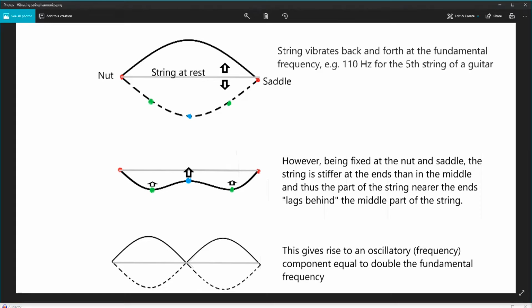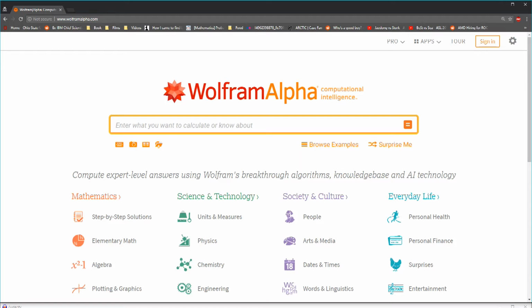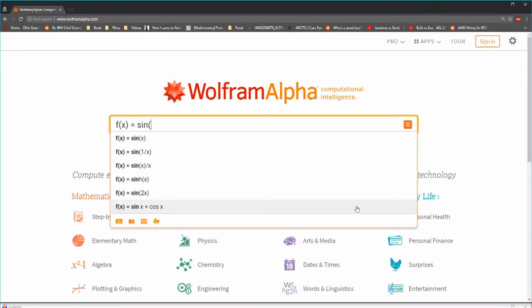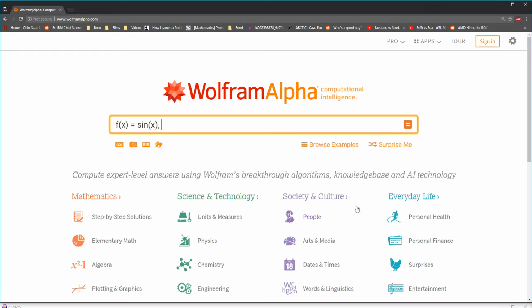Next, let's see what happens when we add some harmonic content to a sine wave. Let's let f of x equal sine of x, and we'll let g of x equal sine of 3x. And we'll plot these functions from x equals 0 to x equals 2 pi.